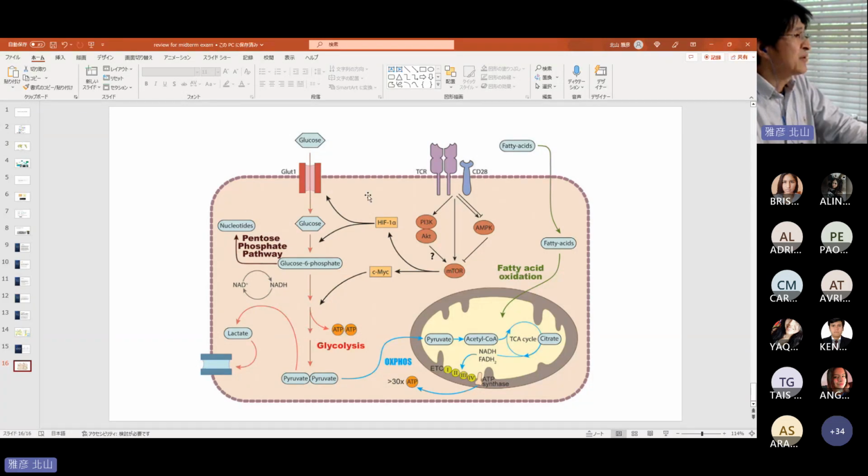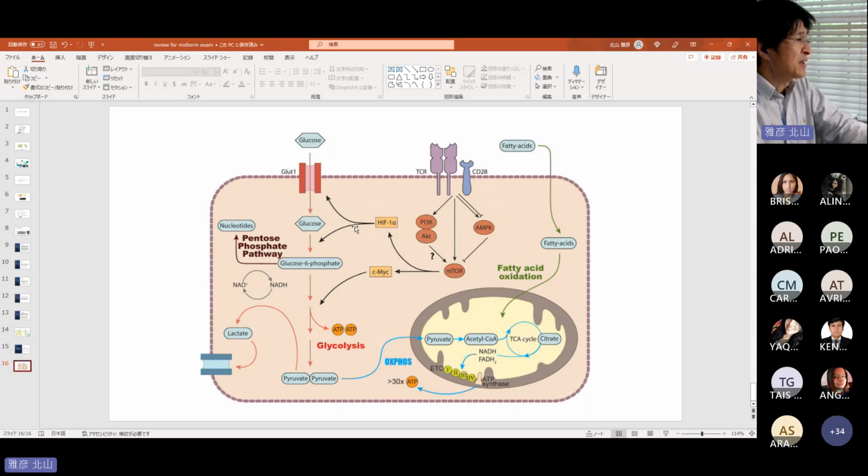And next, pyruvate will enter into the matrix of mitochondria, and the TCA cycle occurs. And electrons will be transported across the membrane of mitochondria, and ATP will be synthesized.